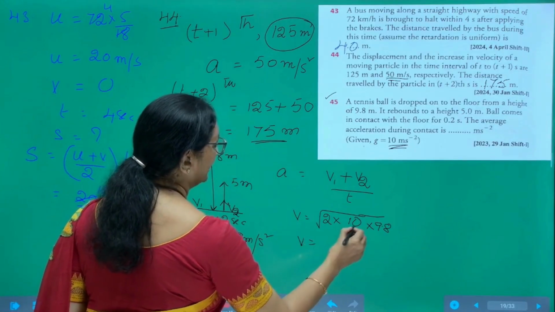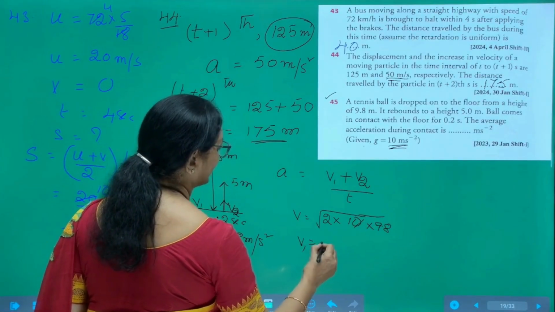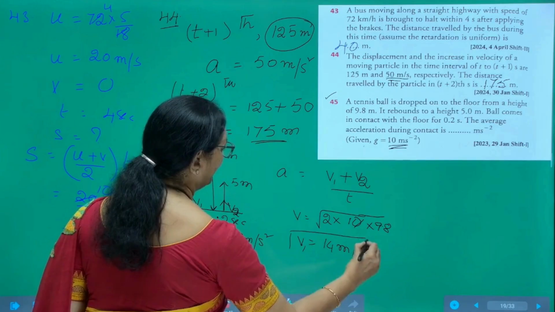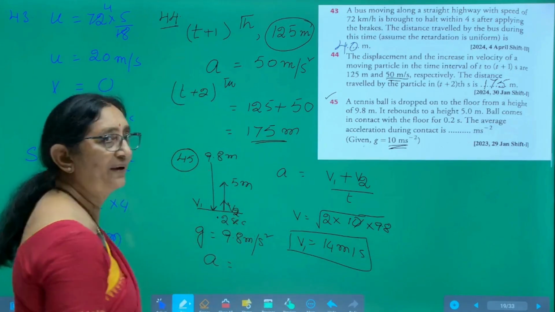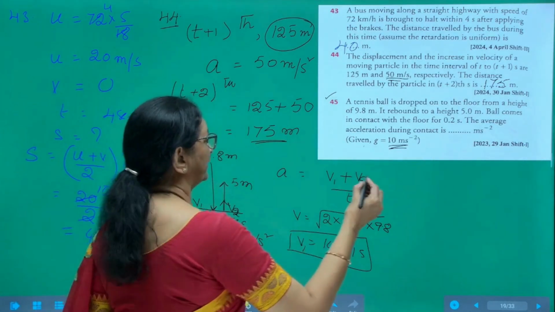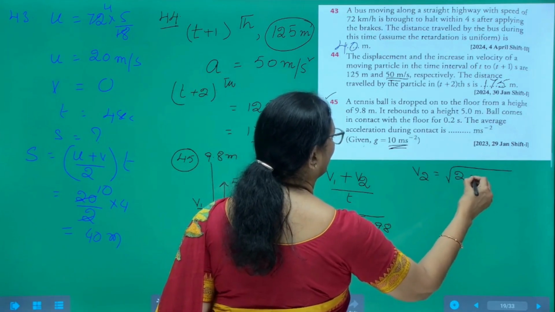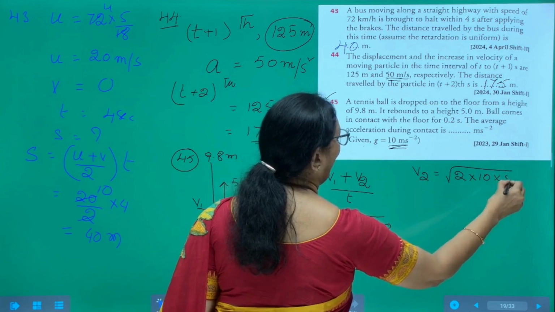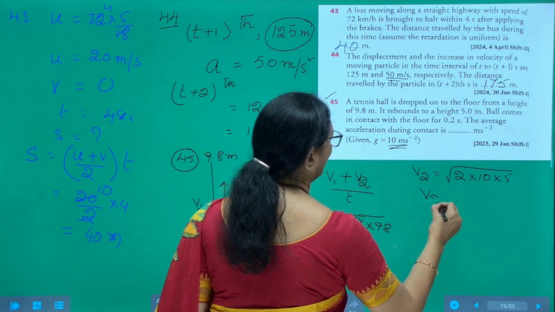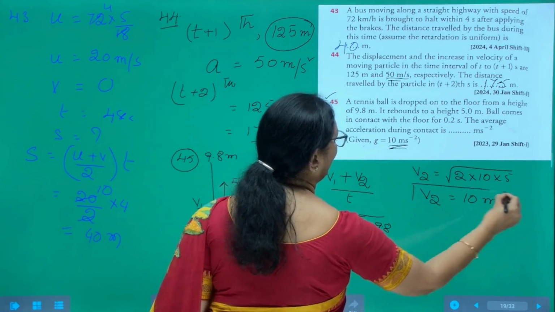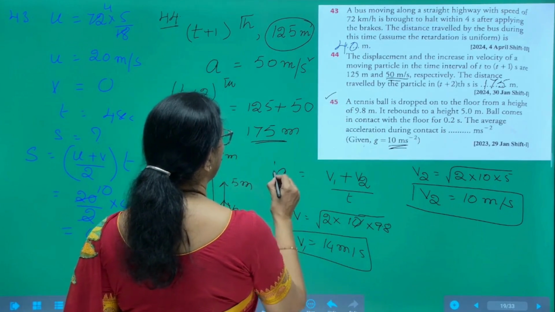So, it is root 196, v1 is 14 meter per second. v1 is known, and it has risen to a height of 5 meters, v2 is equal to square root of 2gh. So, v2 is 10 meter per second.